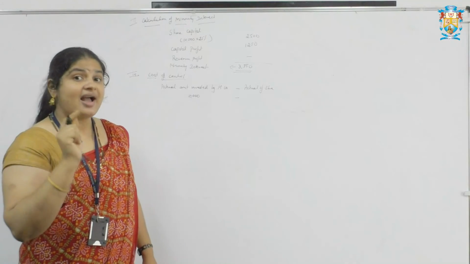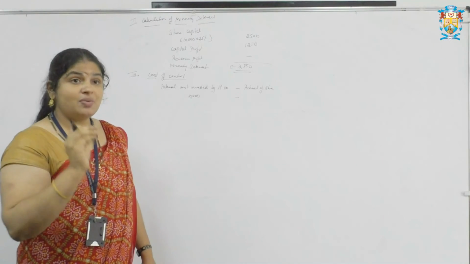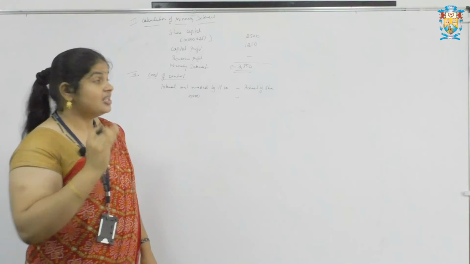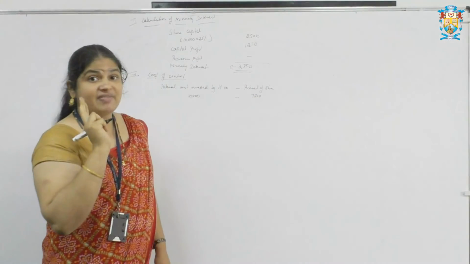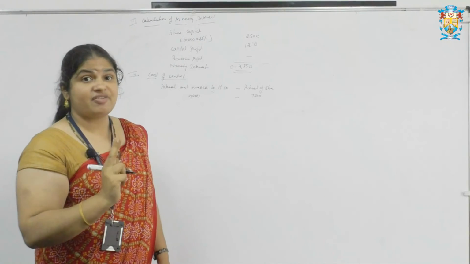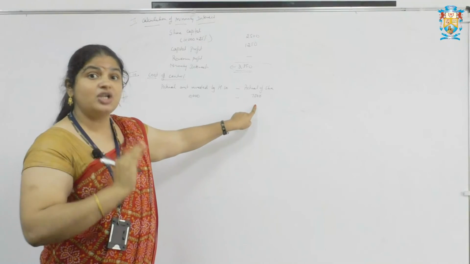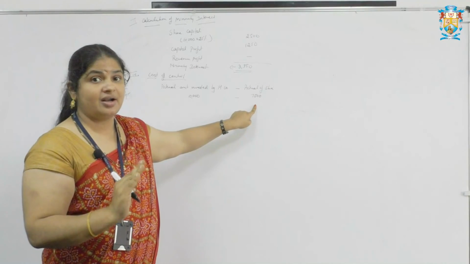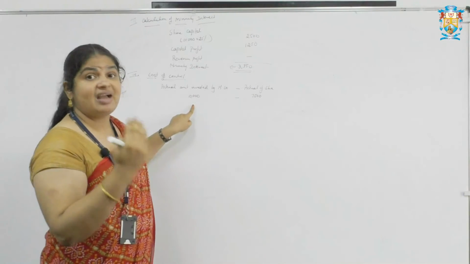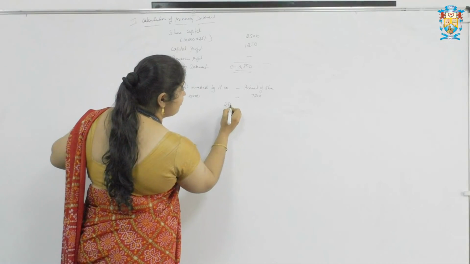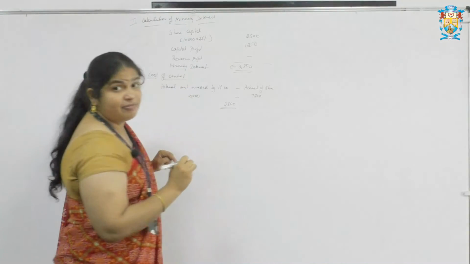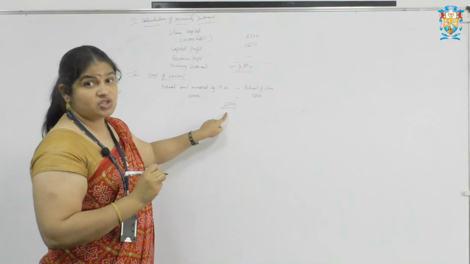That is the actual value of the share I have purchased, 7,500. They have collected 2,500 extra from me, because the actual money I should invest is 7,500, but they collected 10,000 from me. So I have paid 2,500 extra rupees. That is known as cost of control.